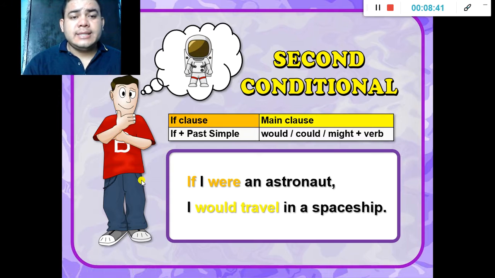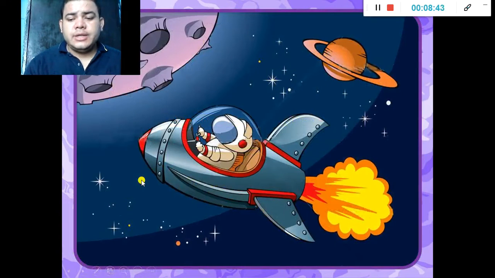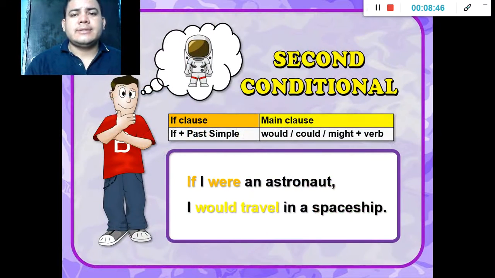So the characteristics, as I said, of the second conditional is that the first sentence is in simple past. Like this example, if I were an astronaut, this guy, right, is thinking about this. Is he an astronaut right now? No, he is not an astronaut in this moment, right? So he is dreaming.